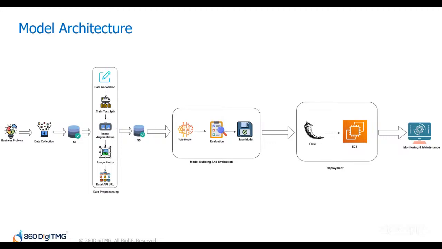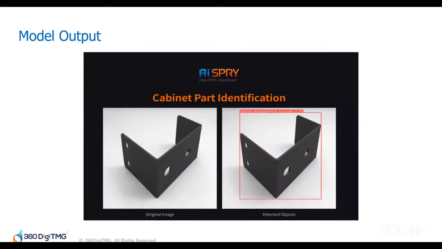Now let us see how our original image will look and how our detected object will look. Over here you can see the first image shows the original image, whereas the second image shows the detected image. There you can see the bounding box, above which it shows the name of the class to which the object belongs.